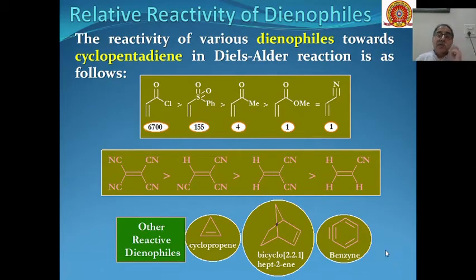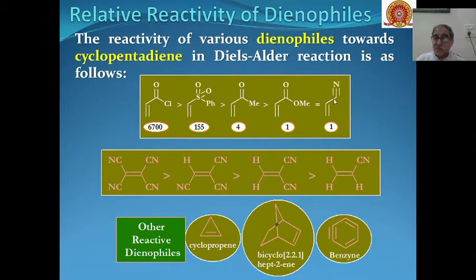Then similarly, the reactivity of dienophiles. As an example, we have taken the reactivity of various dienophiles towards cyclopentadiene in Diels-Alder reaction. So, as the strength of the electron withdrawing group increases, the reactivity of the dienophile also increases.